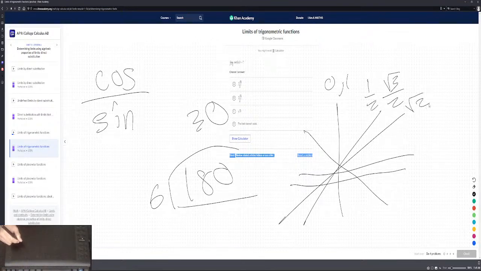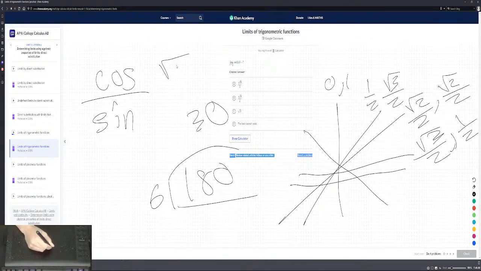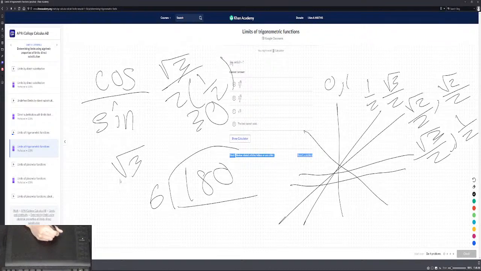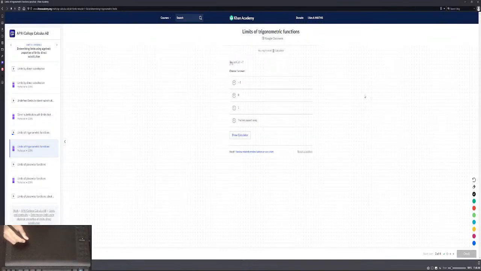Then it's square root of 2 over 2 and square root of 2 over 2. And then it's square root of 3 over 2 and 1 over 2. So cosine would be square root of 3 over 2. And sine would be 1 over 2. So it would end up being square root of 3 over 2 divided by 1 over 2. It would just be square root of 3.